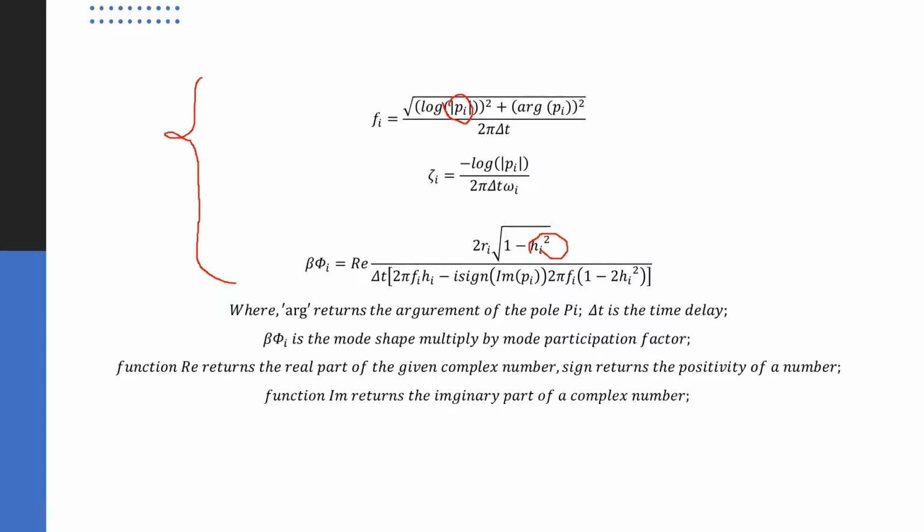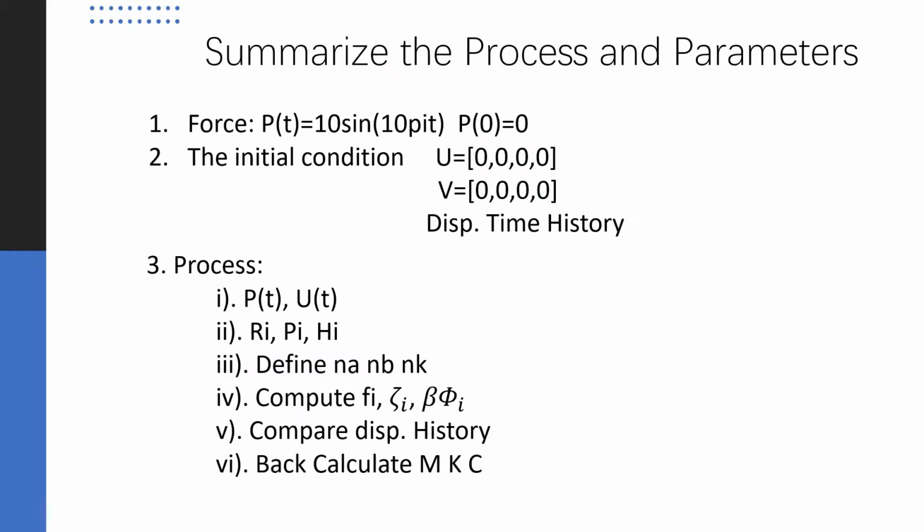The function Im returns the imaginary part of a complex number. Now we type these functions into MATLAB after we get the poles of the transfer function that we mentioned previously. Now let's summarize the critical points and the processes for the ARX system identification technique.